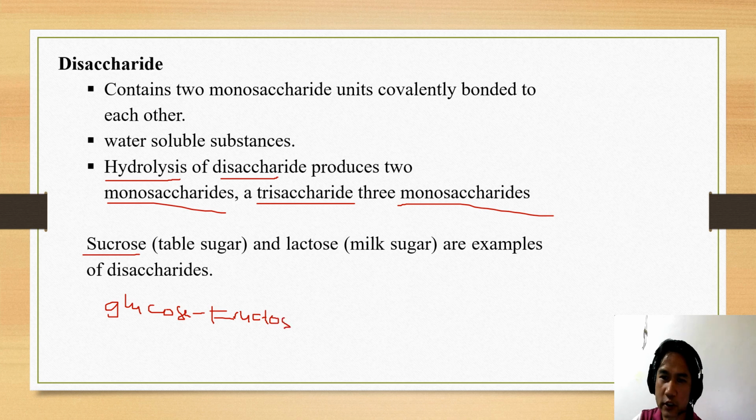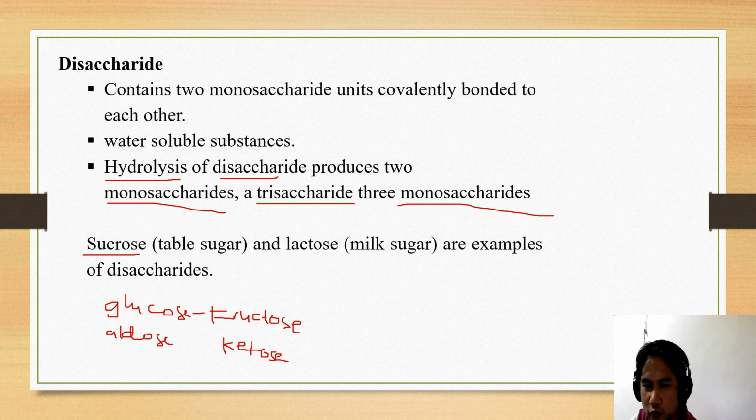Remember, I told you earlier, glucose is aldose, and then fructose is a ketose. Okay, so this time the glucose and fructose are connected.